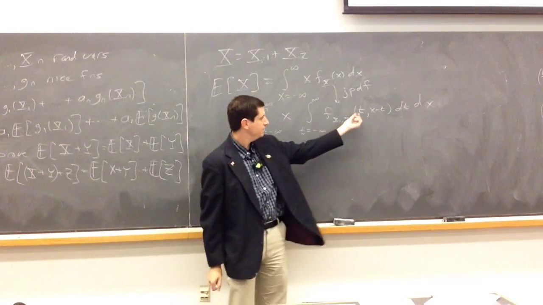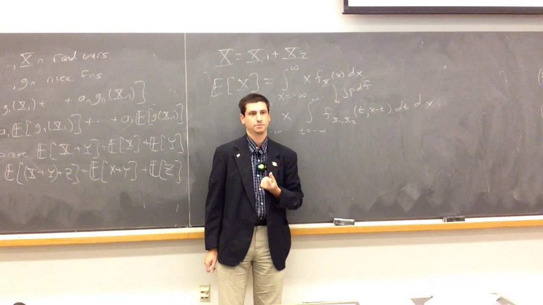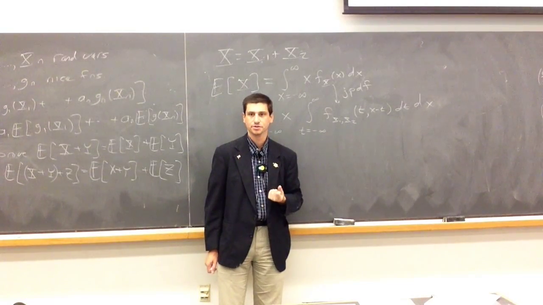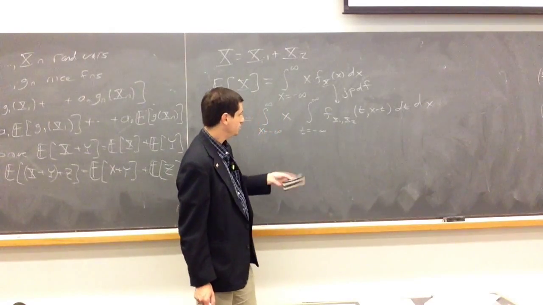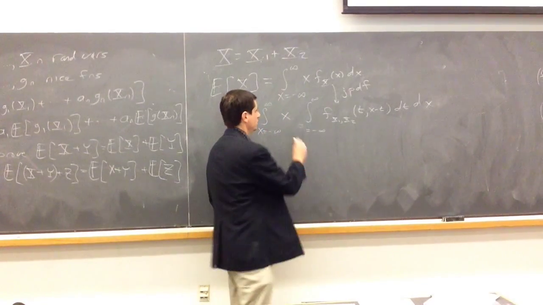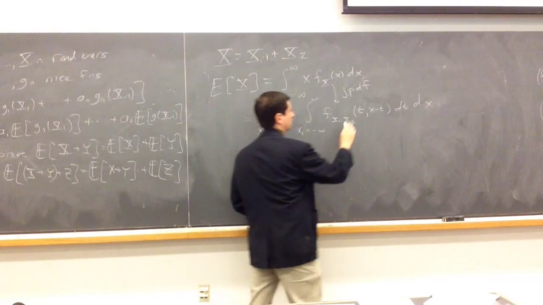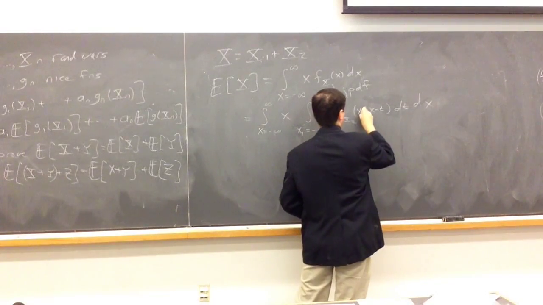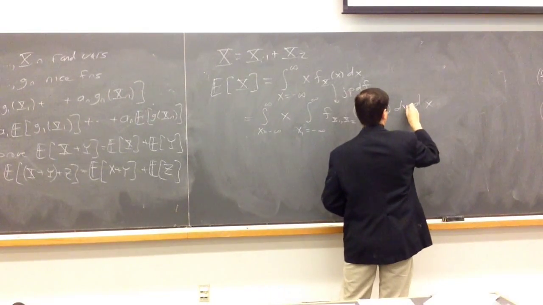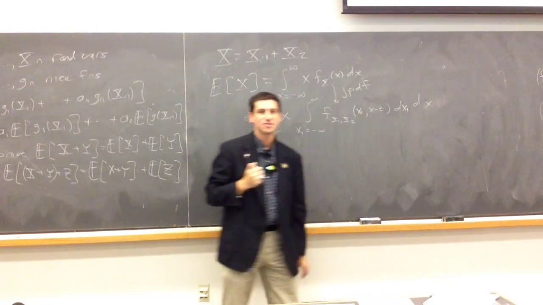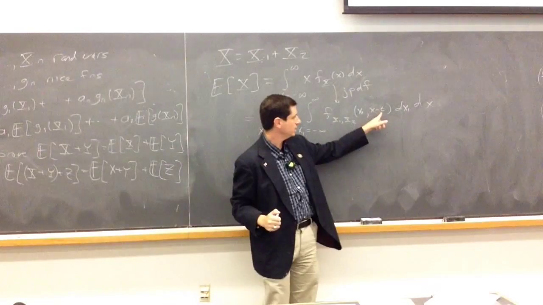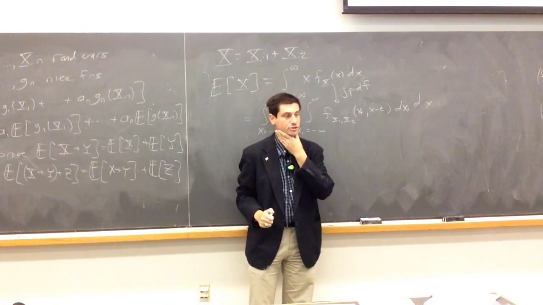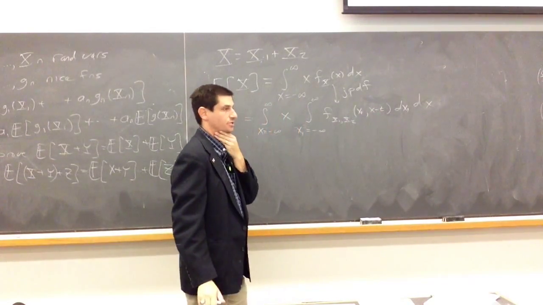Do I want to use t for the first component? Or is there something else I'd rather use? x1. I'd rather use x1. I can use t, but I think it's actually much nicer to use an x1. Good notation suggests what to do. If I have an x1 here, what would I love to have here? An x2. So let's change variables.